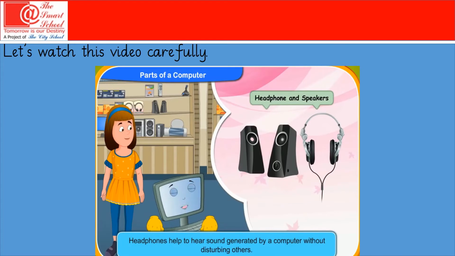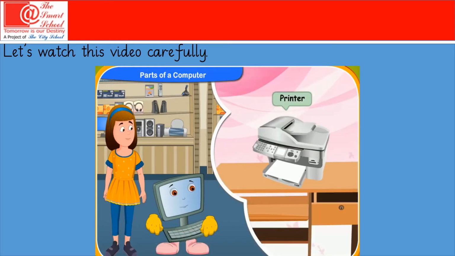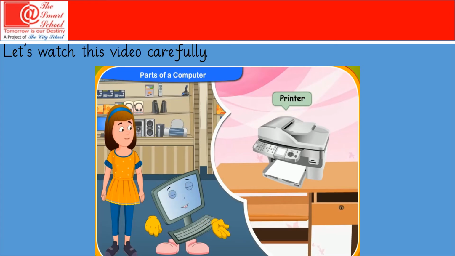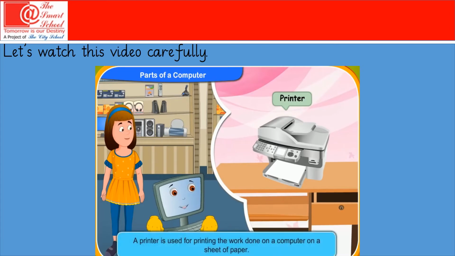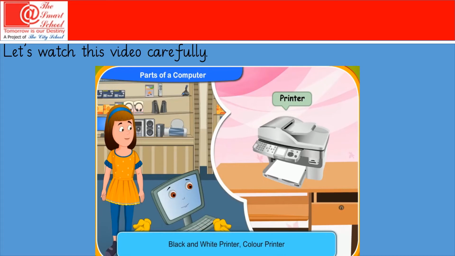By using them, you can hear the sound generated by a computer without disturbing others. Is this a printer, Kliko? Yes, Rennie, this is a printer. It is used for printing the work done on a computer on a sheet of paper. Some printers print only in black and white, while some others can print in color.